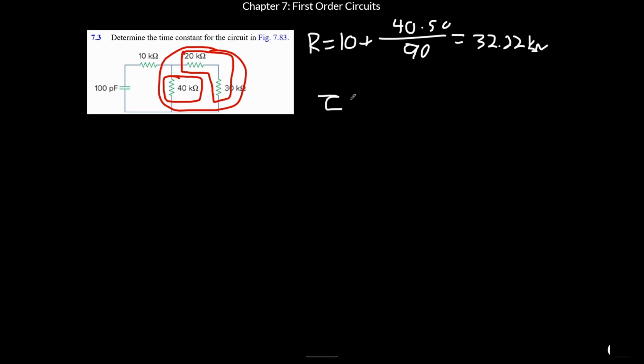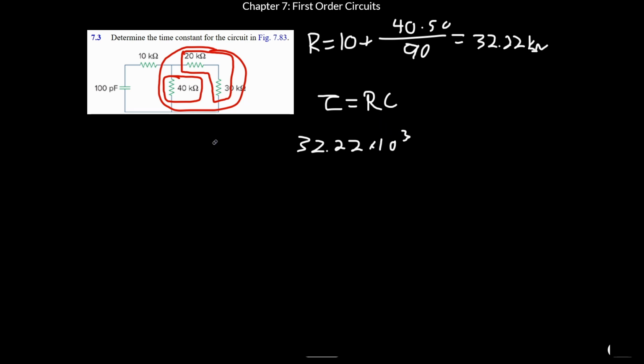And for the time constant, we're going to need RC. Now we have R, so our C is going to be this 100 picofarad capacitor. So, simply put, we're going to have 32.22 times 10 to the positive 3.